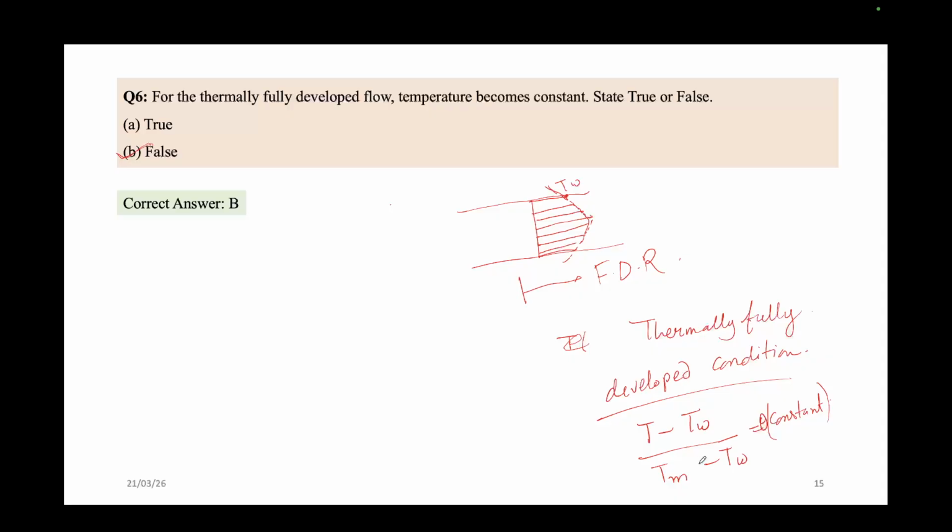Here, do you know what Tm is? In the classes earlier today I showed how to find the mean temperature, and if time permits I will show how to calculate it using a numerical. This mean value depends on x. The wall temperature is fixed, and this T, the temperature at a point, depends on both y and x.